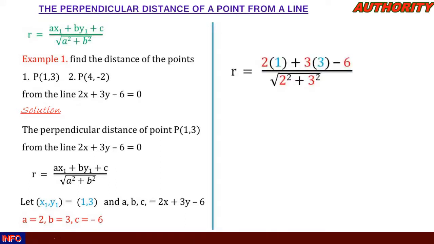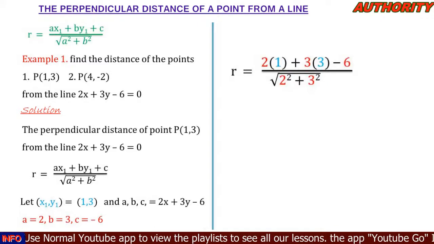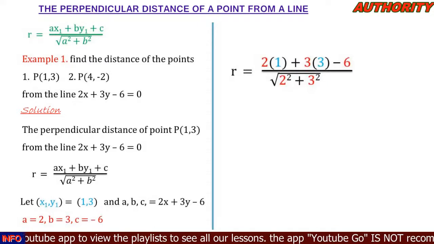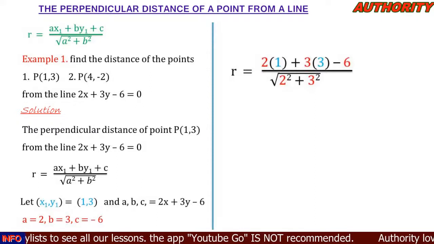We have R is equal to a, which is 2, open bracket, x1 which is 1, close bracket, plus b, which is 3, open bracket, y1 which is 3, close bracket, minus 6 which is c, all over the square root of a, which is 2 squared, plus b, which is 3 squared.